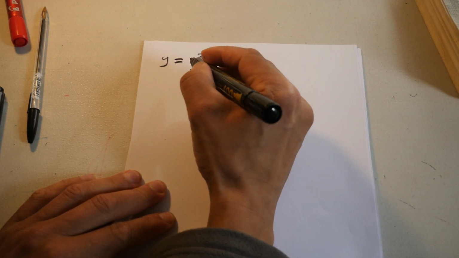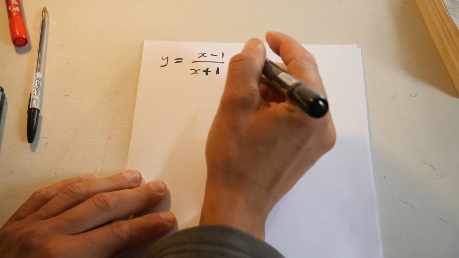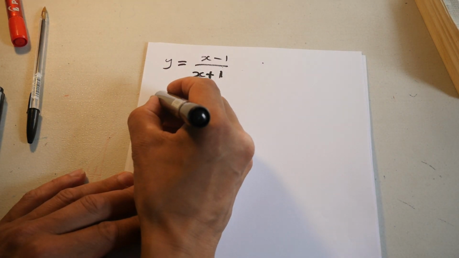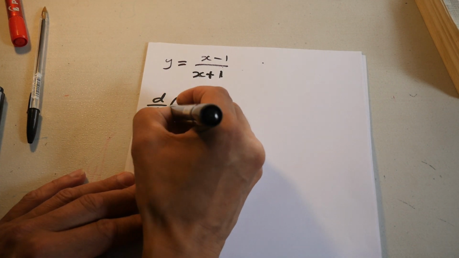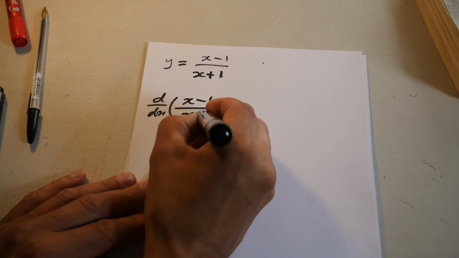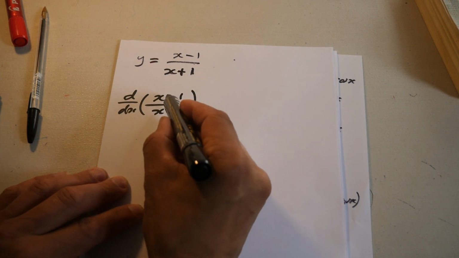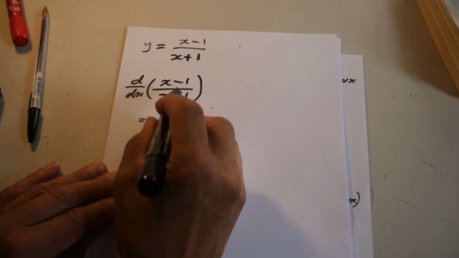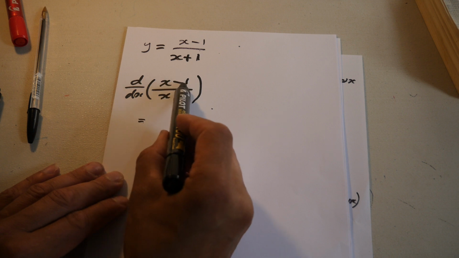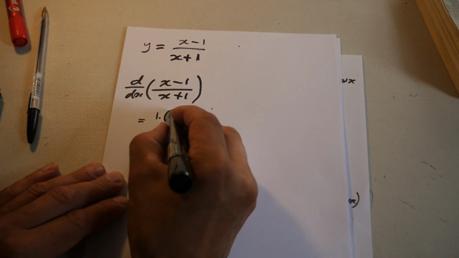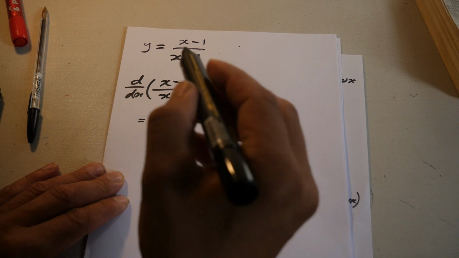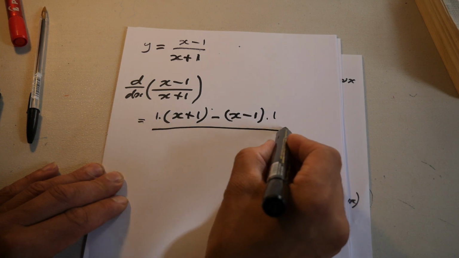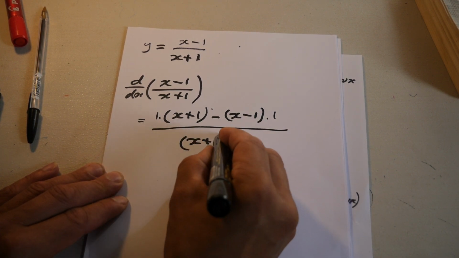Okay, so what's the derivative of this? Okay, so that's f, that's g, so it's equal to the derivative of this is 1, times x plus 1, minus x minus 1 times the derivative of this, which is 1, divided by x plus 1 squared, okay?